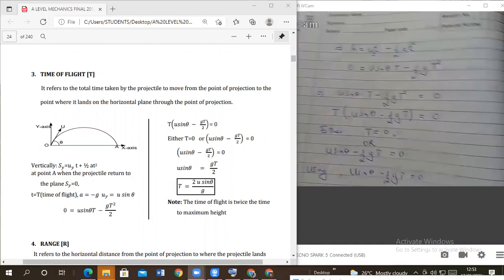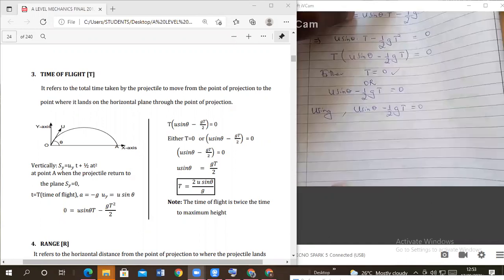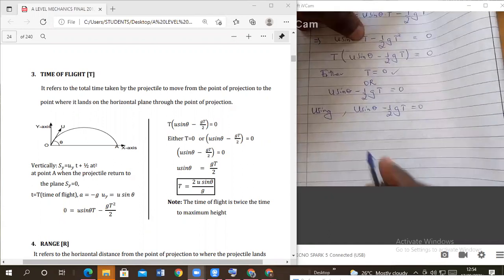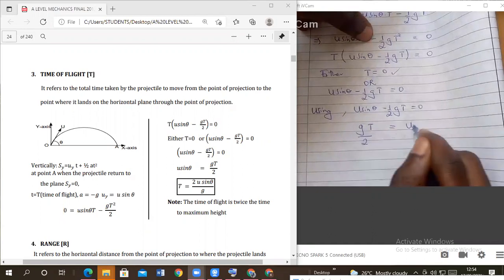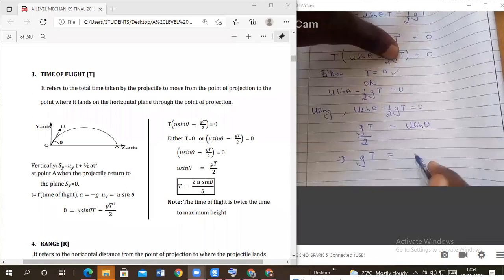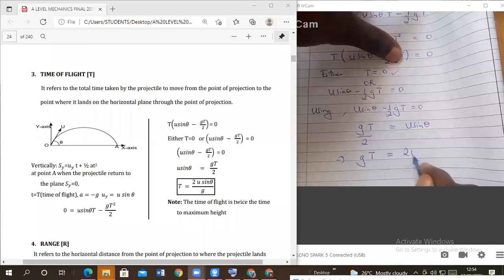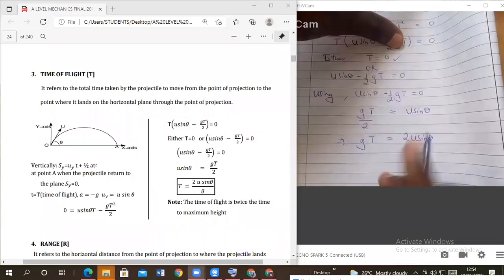So let's make t the subject because we are looking for t. So which means we shall have g t over 2 equals to u sine theta. So it implies now g t is equals to 2u sine theta, when you cross multiply that.